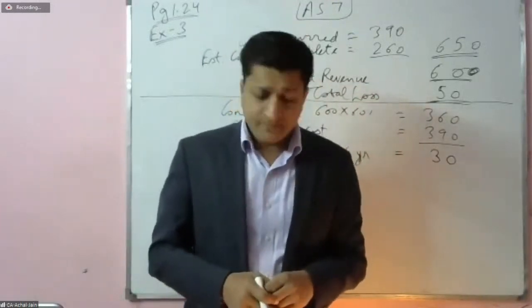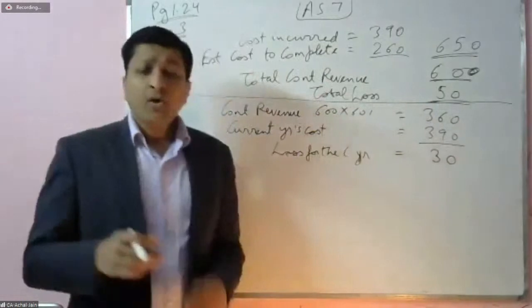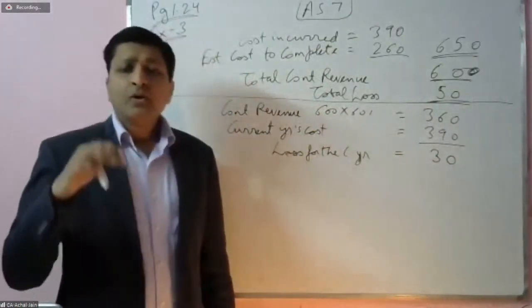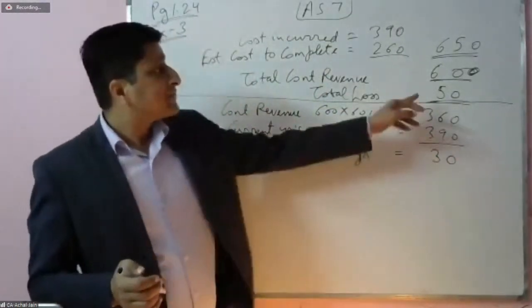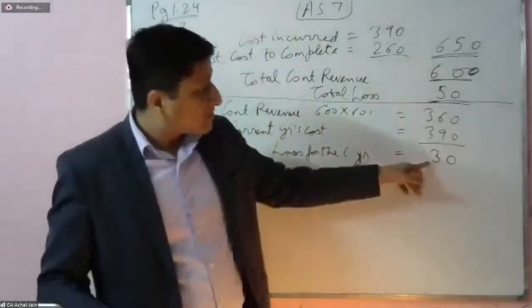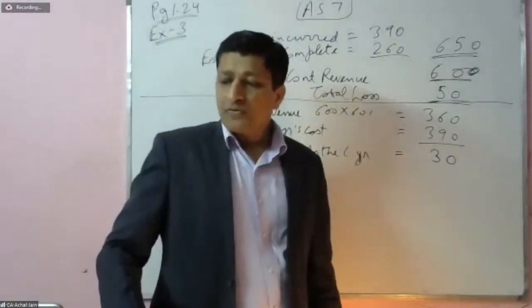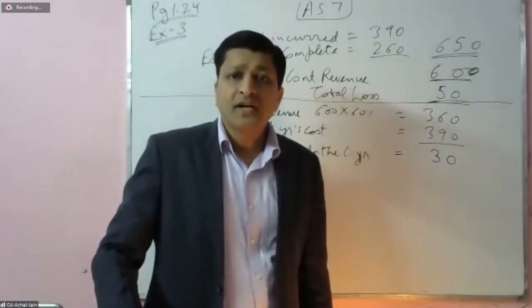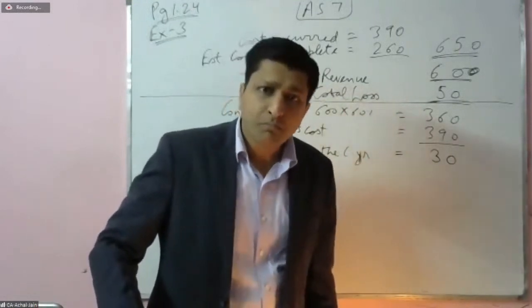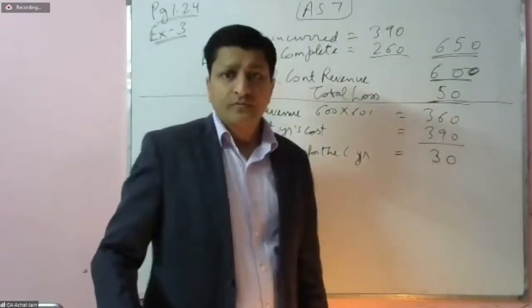But on this project, total loss is 50, out of which loss of rupees 30 has already got booked. So what do we need to do?